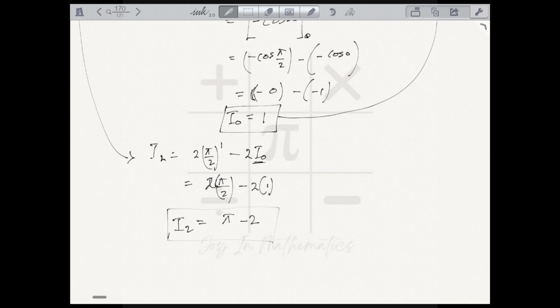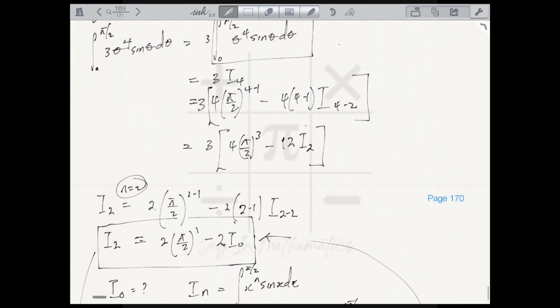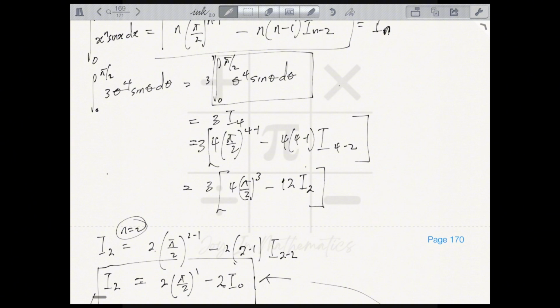Now let's go back to our question itself, where we know that the integral of 0 to pi over 2 of 3 theta raised to power 4 of sine theta d theta is equal to this.